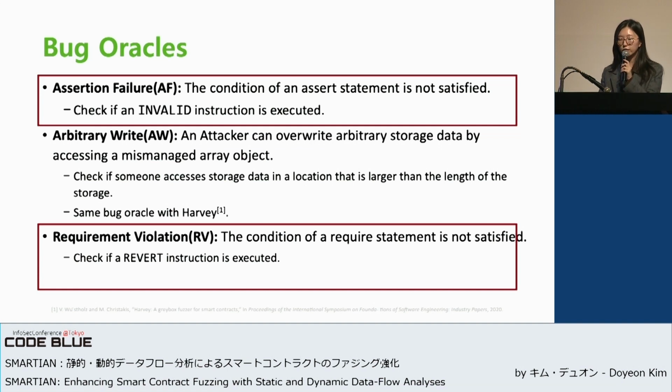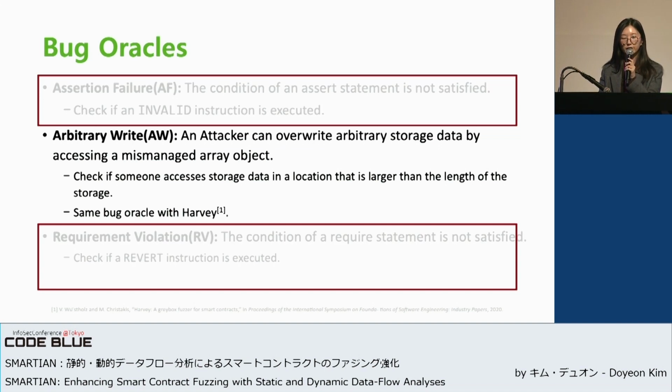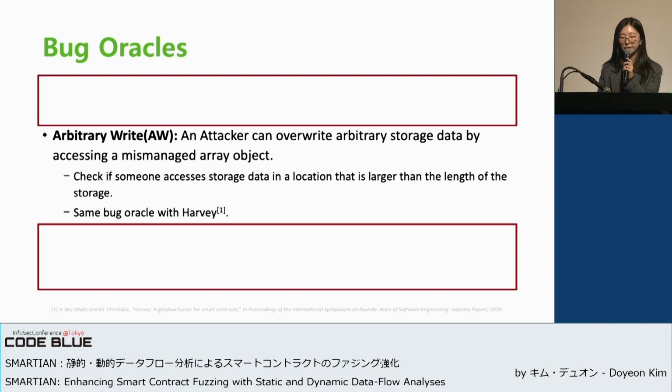Indeed, requirement violation is not really a kind of bug. We also thought about that, but we just followed the SWC registry, which is the smart contract weakness classification, and some tools already implemented such bugs. So comparing with other tools, we added such bugs. When you use Smartian, we turn off assertion failure and requirement violation in the default mode.